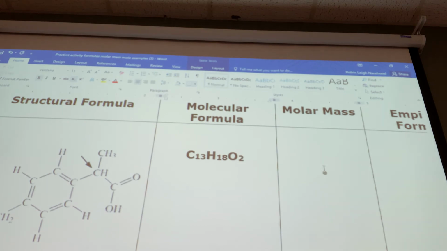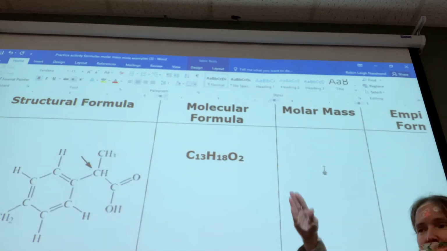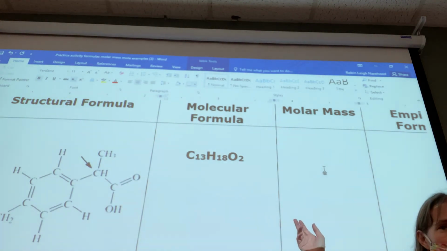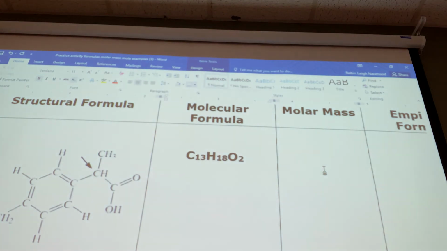And so what you want is the actual molecular formula so you know how many times to add carbon in. So guess how many times you add carbon in? 13 times. Why? Because there's 13 of them in the formula. So what you do, this is the number portion of molar mass, and we'll go over the meaning of it in just a minute. You take the subscript, which is how many of the element there are in the formula. So you go 13, and you multiply by its atomic mass.